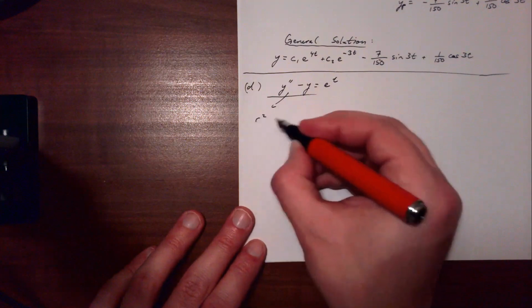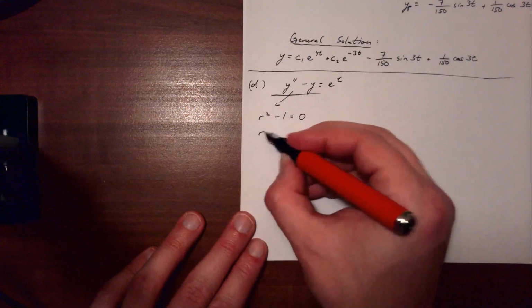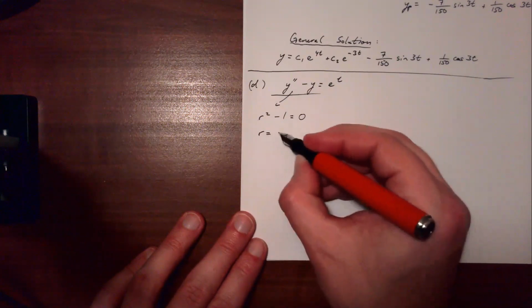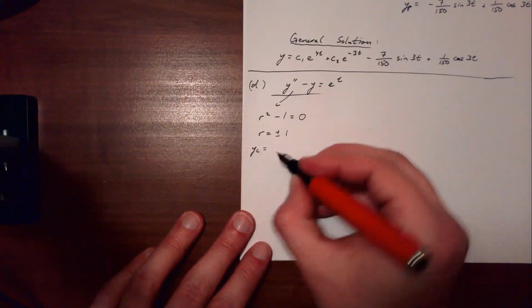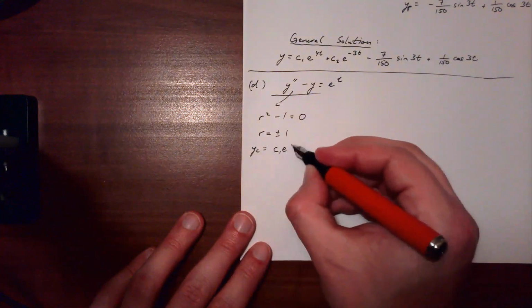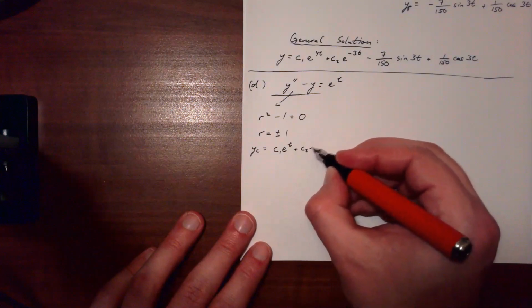So it's going to be r squared minus 1 equals 0, meaning r equals plus or minus 1, which means that the complementary solution here is going to be c1 e to the t plus c2 e to the negative t.